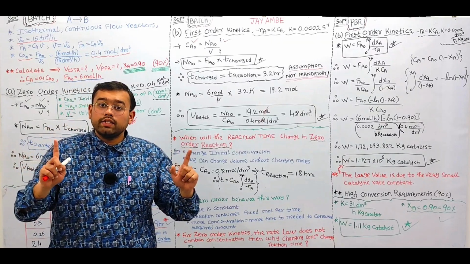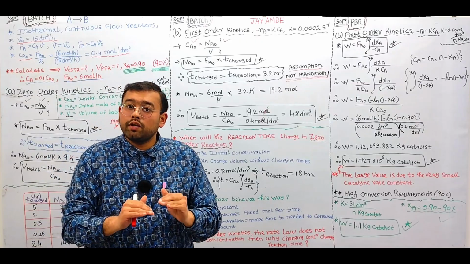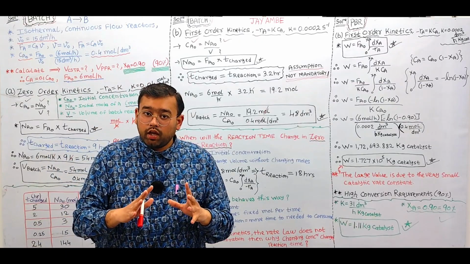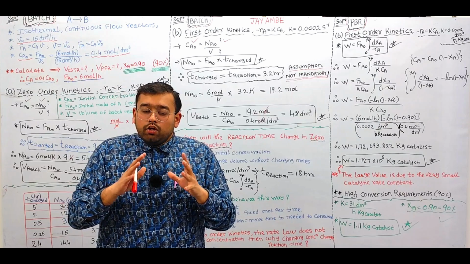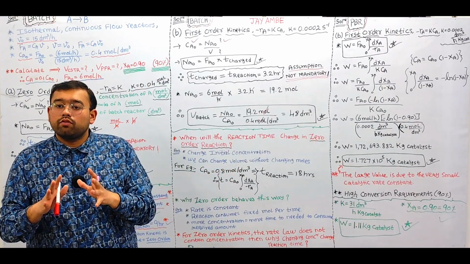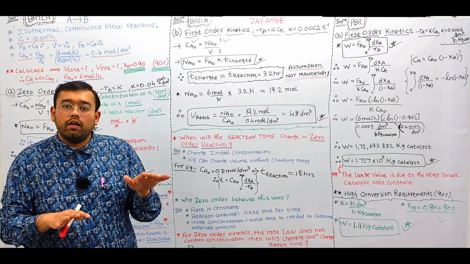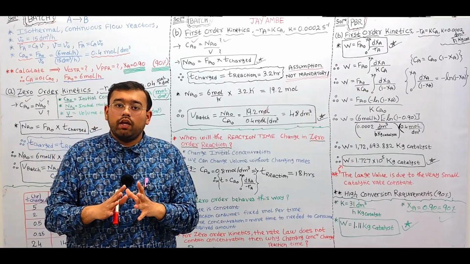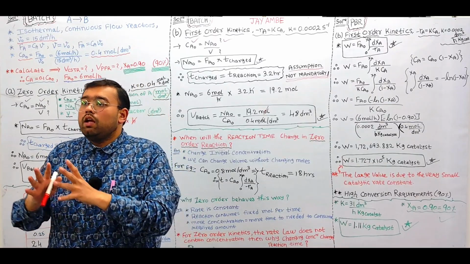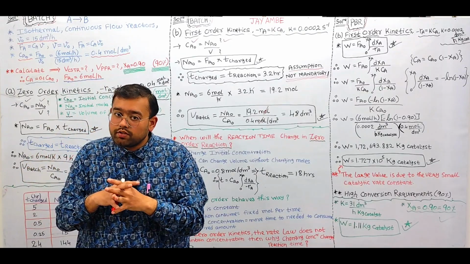Why? The only reason is the speed, the capacity of the conveyor belt, which means the conveyor belt can transfer 10 boxes per hour. The speed is constant, regardless of a very high concentration or a lower dilute concentration.